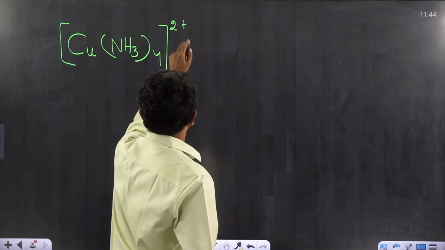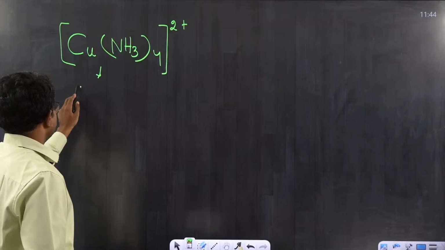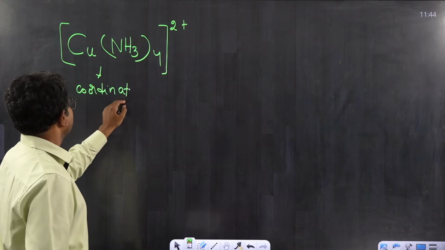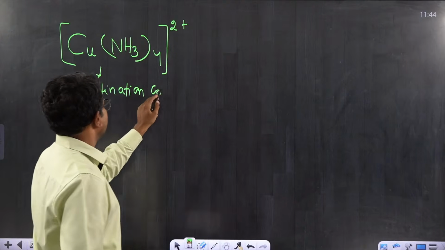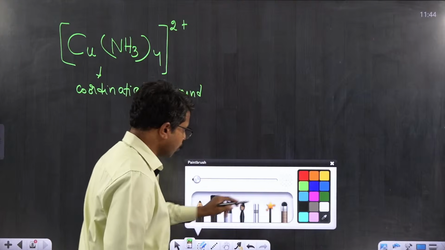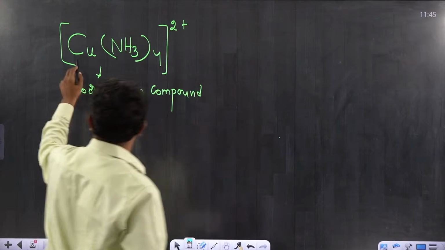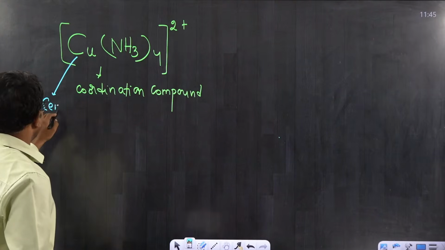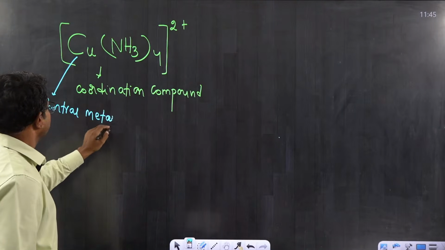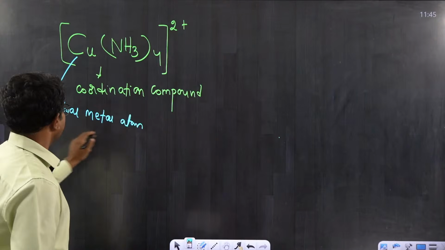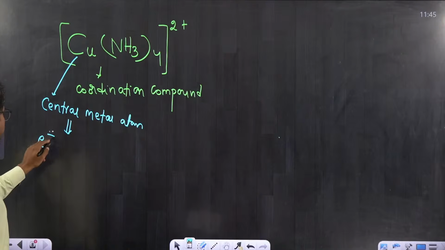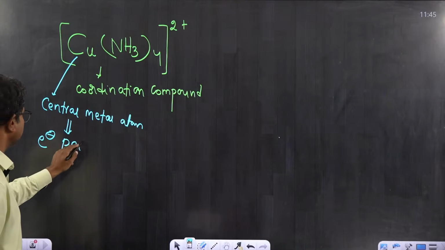And again this compound is called a coordination compound. As I told you, in a coordination compound there is a central metal atom. The central metal atom has vacant orbitals and is able to accept electron pairs.